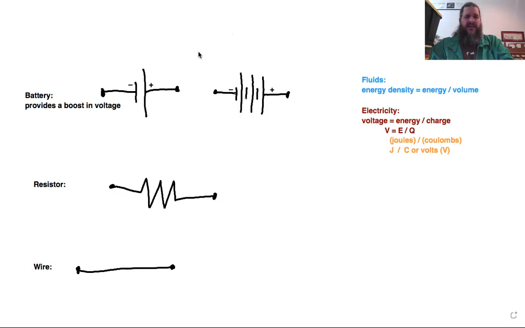So we can say that this battery has a high voltage zone and a low voltage zone. The whole point of the battery is that it's got a chemical reaction going on inside that creates a difference in voltage, high voltage on one side, low voltage on the other side. Much in the same way that a pump pushes on the fluid to create a high pressure zone on one side and a low pressure zone on the other side.